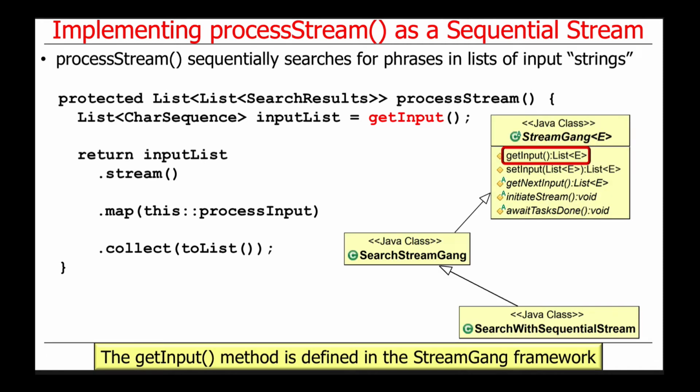The getInput method is defined on a base class called StreamGang, which is inherited by SearchStreamGang, and then we have specific implementations that handle this input in a particular way. That's just good old-fashioned framework inheritance of a reusable capability defined up the inheritance hierarchy.